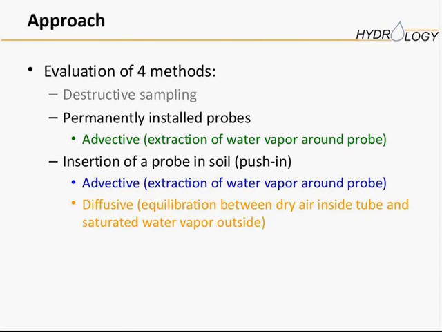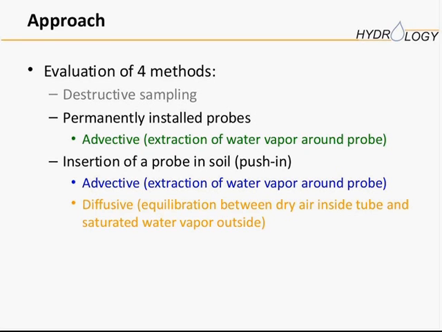So how does that approach now look? We evaluated four different methods. The destructive sampling method, as already mentioned before and introduced last week by Les. We used permanently installed probes where we used an advective approach, so we extracted the water vapor around the probe, so you more or less suck in water vapor from the soil.